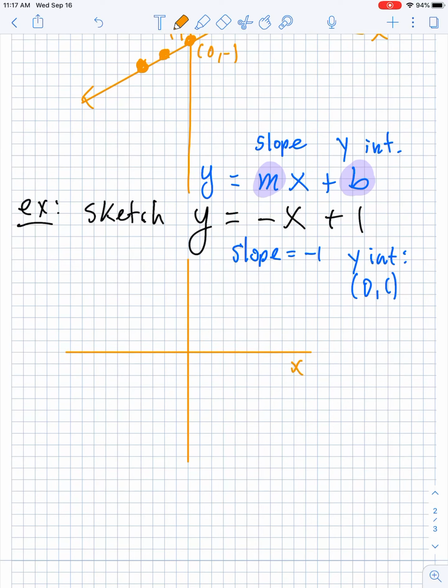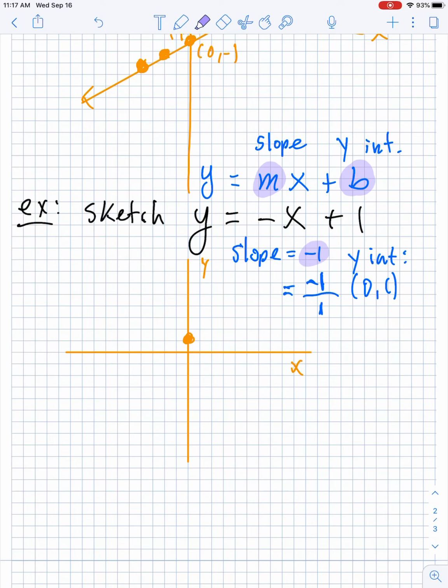So if I go back to my orange and start sketching a graph, here's my x, here's my y. I know it crosses at 0, positive 1. Now, if you're looking at this slope right here of negative 1 and you're like, I'm not sure what that looks like, remember that every slope is a rise over run. So you can really think of that as negative 1 over positive 1. You can always turn it into a fraction if you need to.